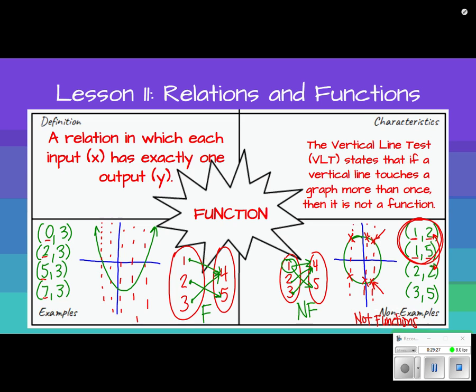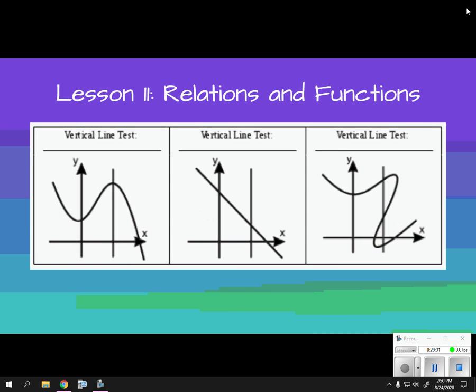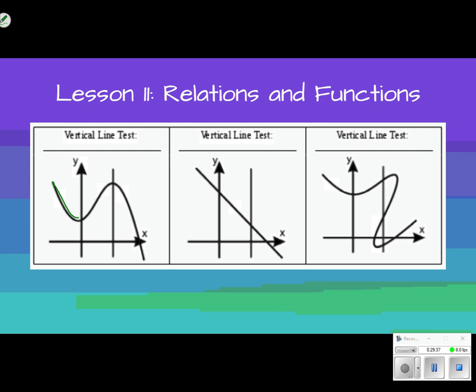So we're going to look at some examples. Oops, let's clear this out. Okay, so here's our vertical line test. Here is our function. Here is our function. And here is our function. Try to do those in green. The line that you see here is our vertical line test. We're testing to see if this is a function.